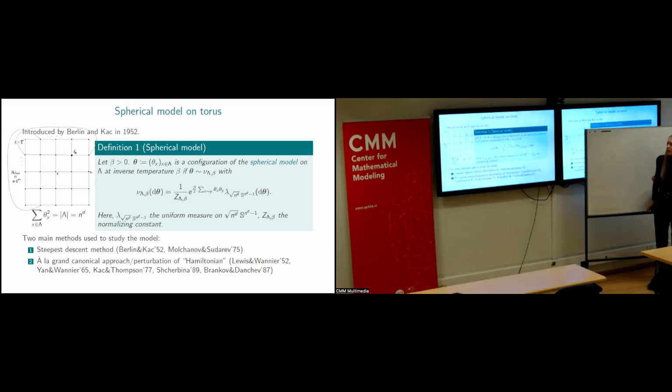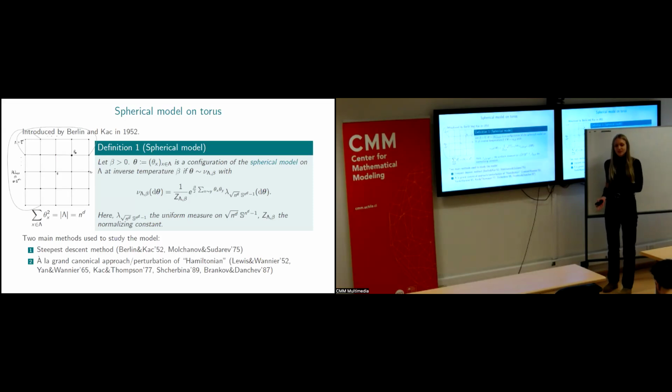Okay, so let's start with the spherical model. This model was introduced more than 70 years ago by Berlin and Kac. It was introduced as a simplification, in some sense, of the Ising model. It's not quite a physical model in the sense that it doesn't have a Hamiltonian in a proper sense.